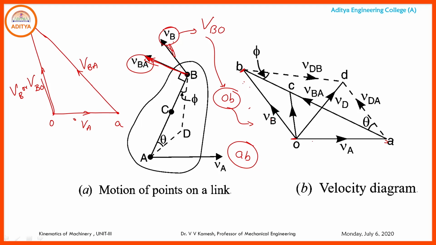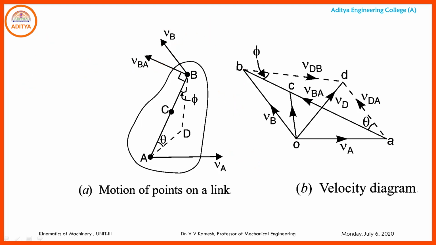Now the question is how to identify the intermediate point velocities. So an intermediate point C is taken. Just like in the earlier case we discussed, where to locate the intermediate point on the chart diagram. So this is ab, small a, small b.